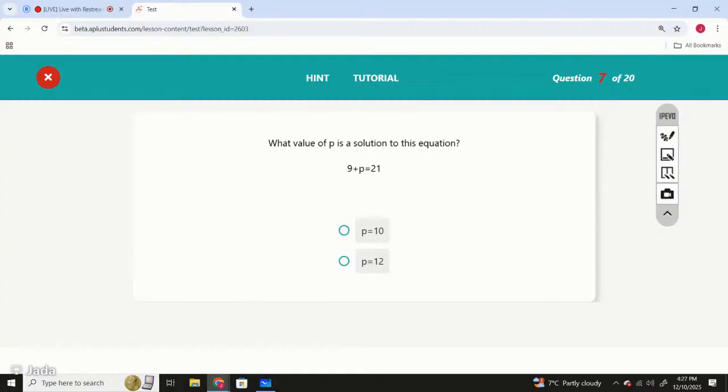P plus 9 equals 21. Which is the correct option? That is option number 2. P equals 12 is the correct option.